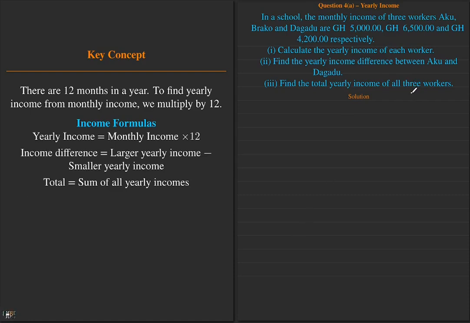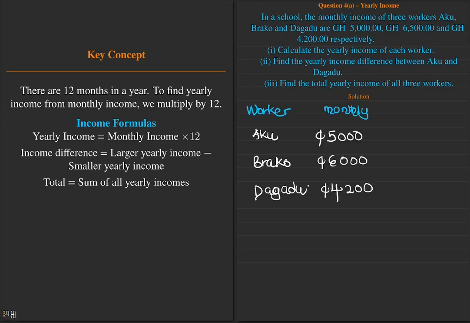First of all, let's write down our parameters. From the question, we know the workers are Aku, Brako, and then Dagadu, and we've been given their monthly income. So for the yearly income, all we need to do is to multiply each and every income of the workers by 12.